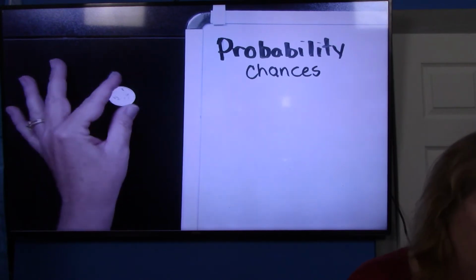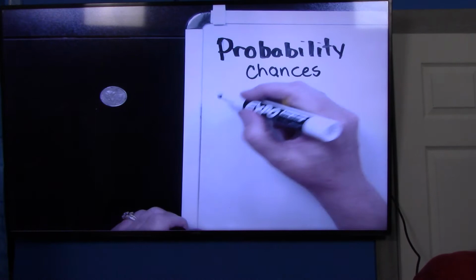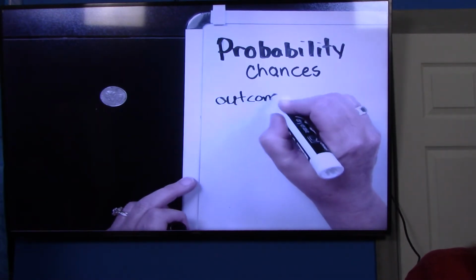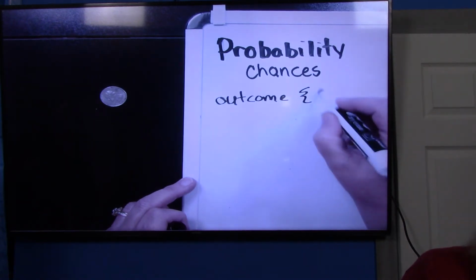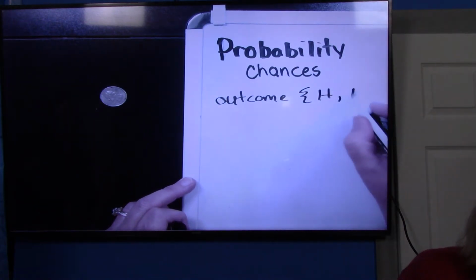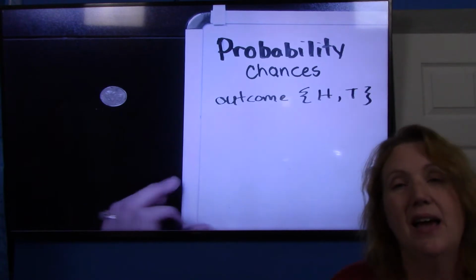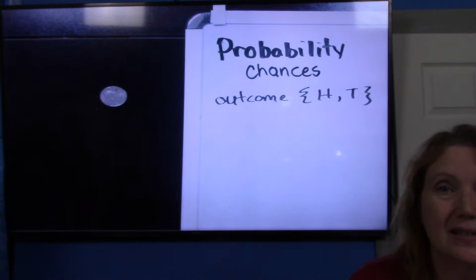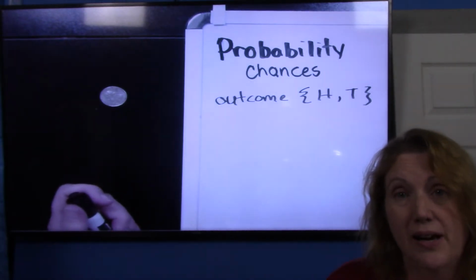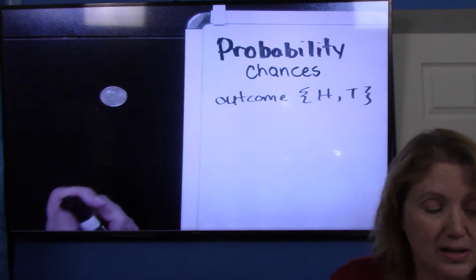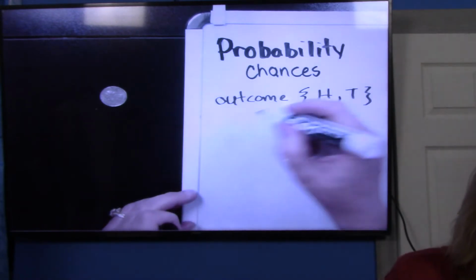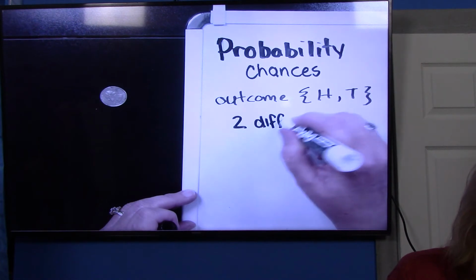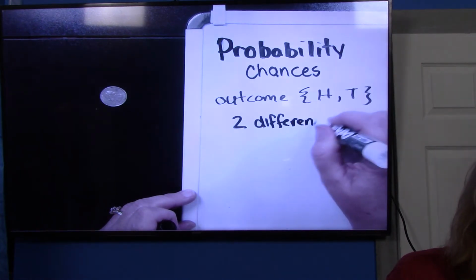The outcome of flipping a coin will either be heads or, as we call it, tails. Heads or tails. So I either have a chance of doing heads or tails. There are two possible outcomes. Two different sides. Or two different outcomes.